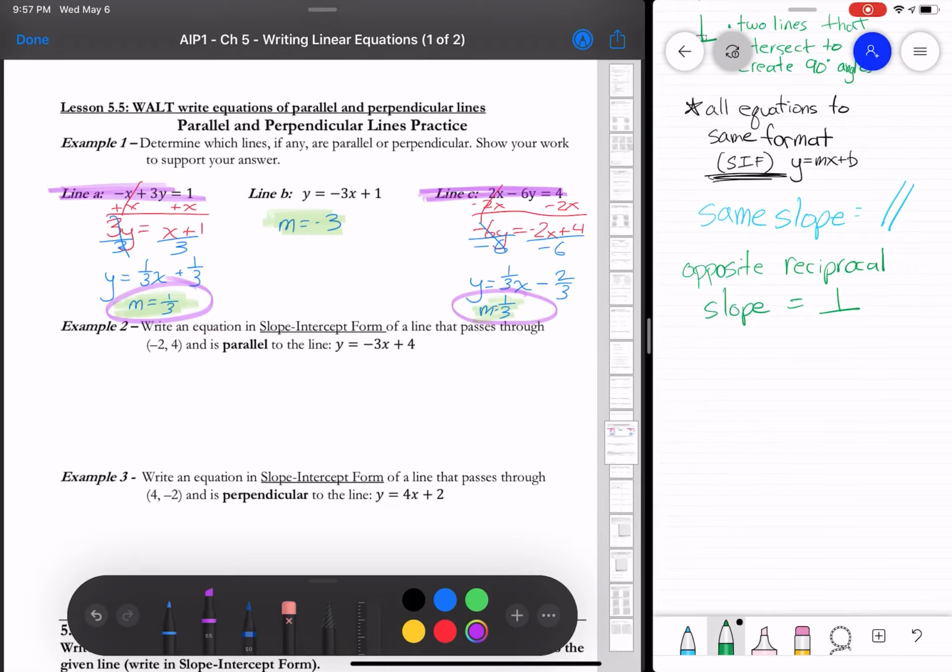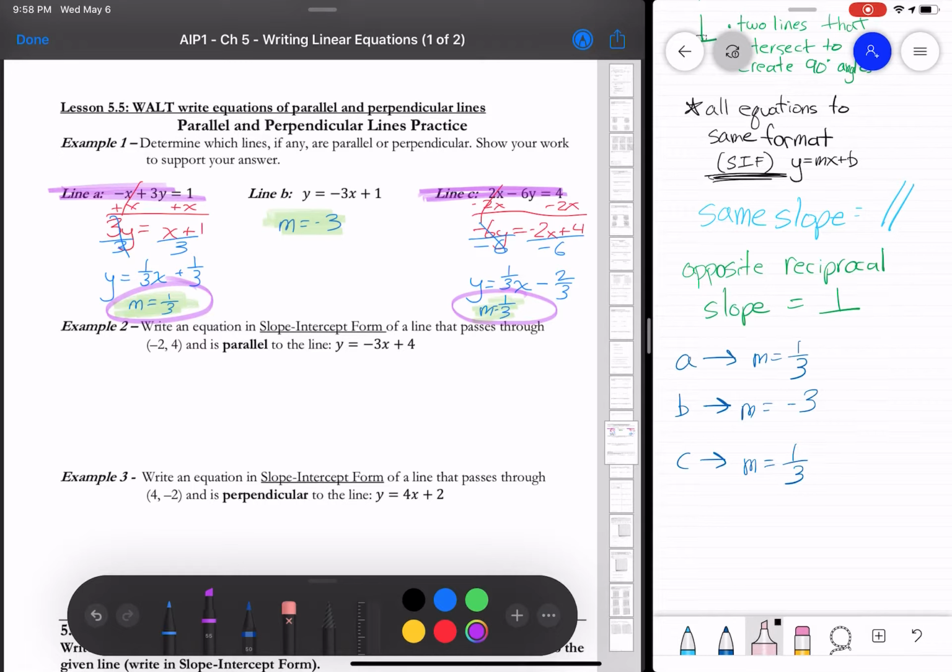So let's compare these, right? We have m equals 1/3. Oops, let's just fix that up. Let's label this line A. M equals 1/3. Line B, m equals -3. And line C, m equals 1/3.